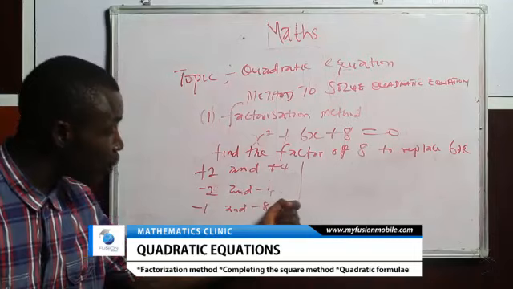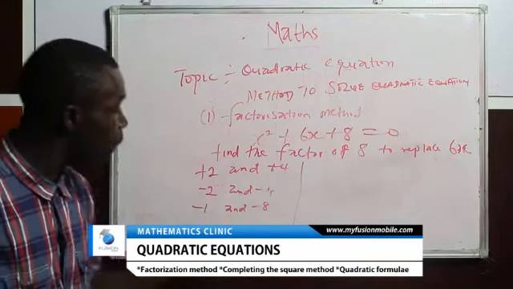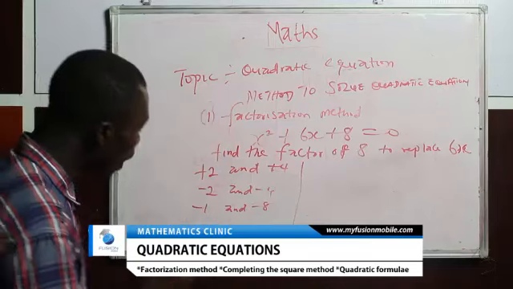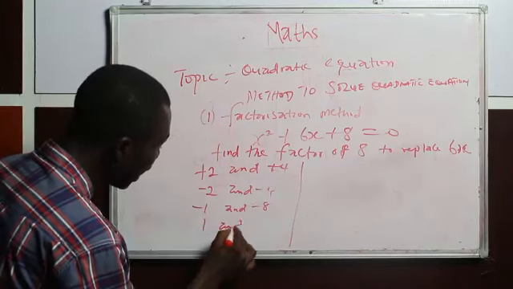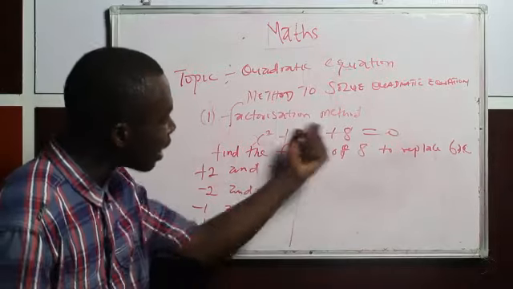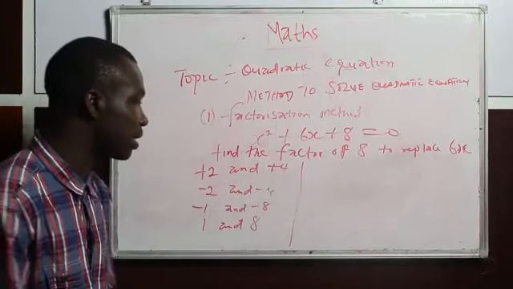Plus 2 and plus 4. Minus 2 and minus 4. Minus 1 and minus 8. These are the factors of 8. Also, 1 and 8 are factors of 8. But we have to know their sum, because their sum must replace 6x.